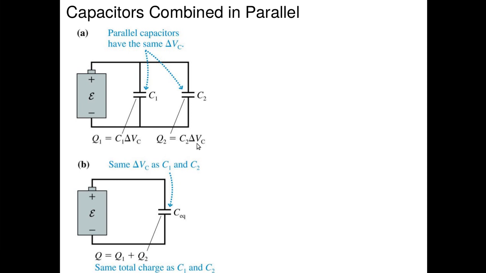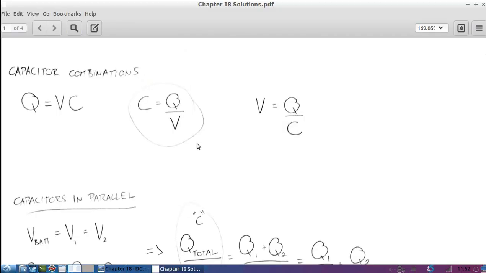So what I did, and I'll do this when we deal with resistors as well, is I took my equation for the charge on a capacitor, Q equals VC, and I rewrote this equation for capacitance and voltage. So these three expressions are going to come in handy. Just to save myself from algebra mistakes, I like to have these three equations written and handy.